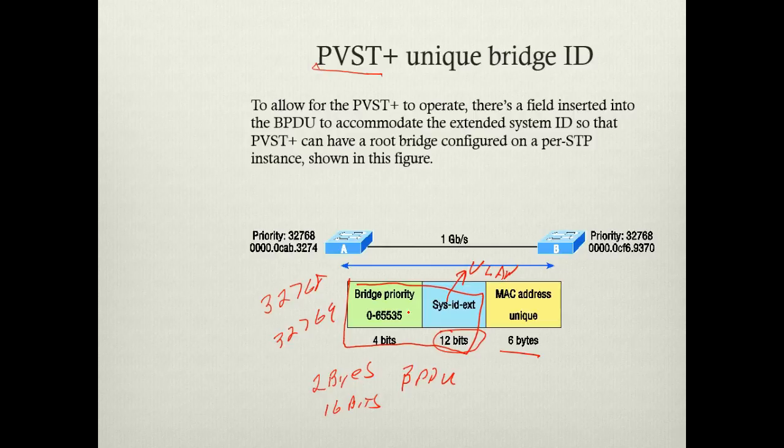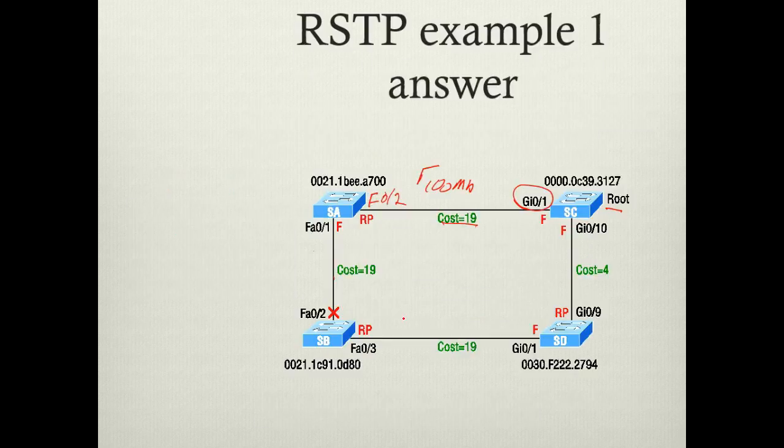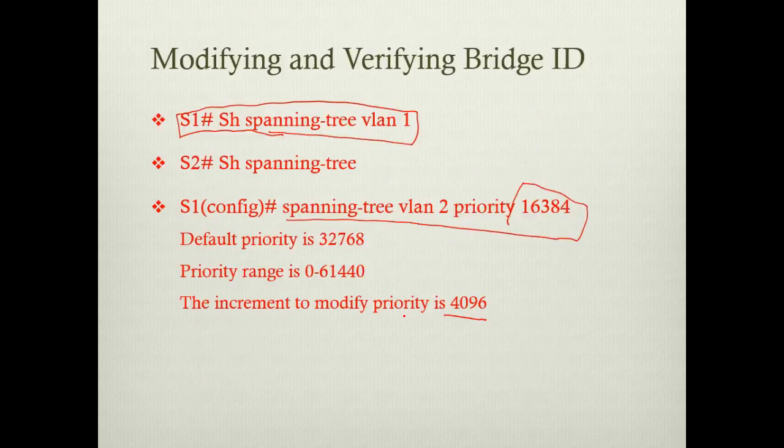So when we change a bit here, the 4096 is already taken up in the first 12 bits. So you have to do the per VLAN when you do the priorities. You have to change them in increments of 4096.